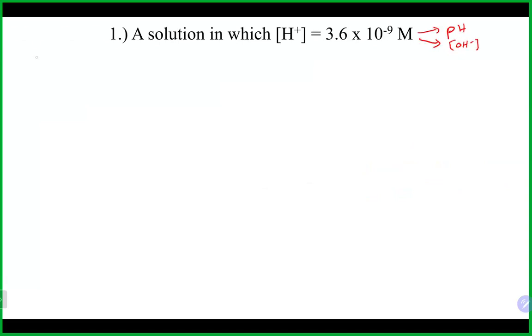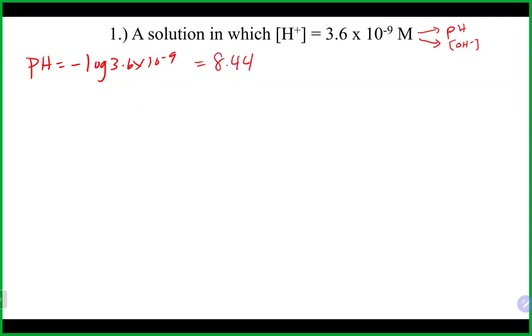I'm going to go with pH first. So I'm just going to go right into the pH here, minus the log of 3.6 times 10 to the minus 9. And that's going to get me here, minus the log, there we go, 3.6 to the minus 9. That's going to give me a pH of 8.44.